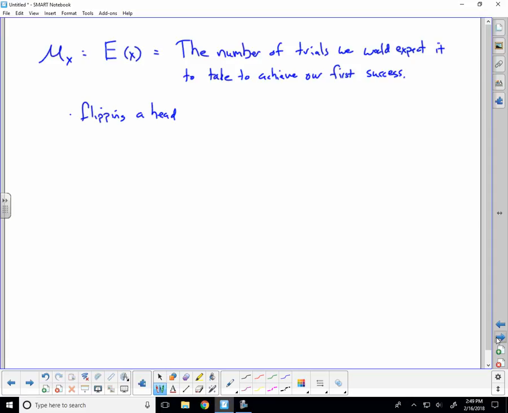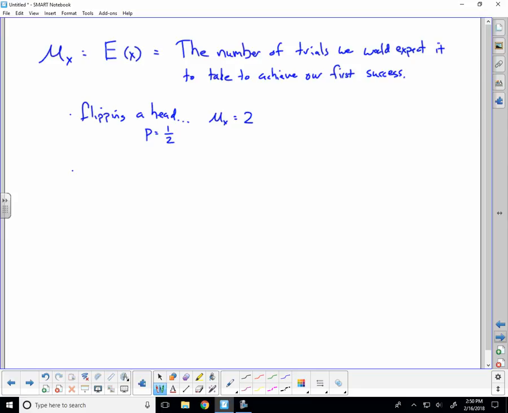What's the probability of success? 1/2, right? So how many flips would it take to get at least one? 2, right? We expect 1 to be heads, 1 to be tails. So in that case, we expect it to be 2.